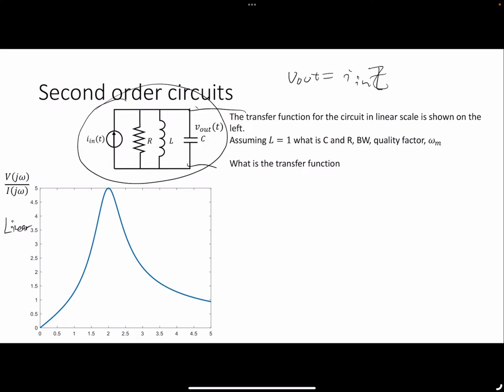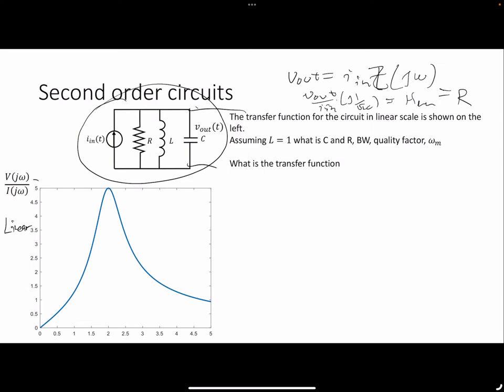Well, times the impedance, yeah. So the impedance of j omega. And at the maximum, it would just be I in times R. And so V out over I in, the frequency, what is the frequency? j 1 over the square root of LC is just going to be the maximum, which is also equal to R.